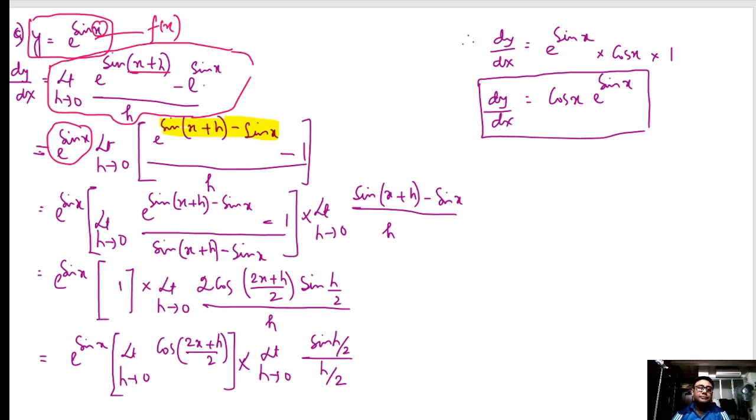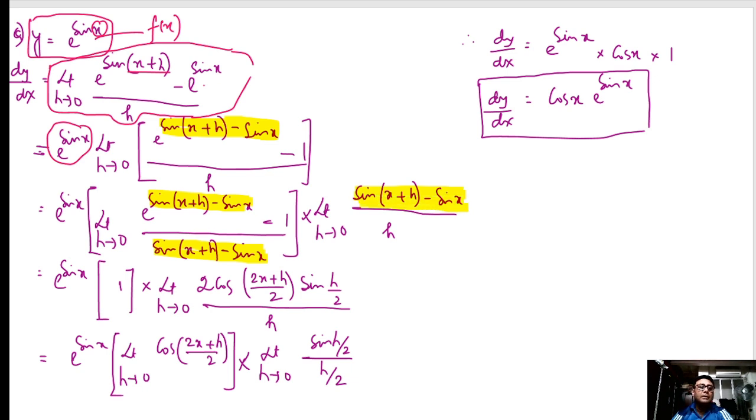Okay, and now since this is the power of e, we have to write the same thing at the bottom. And since we have written this, we have to adjust it by writing here.